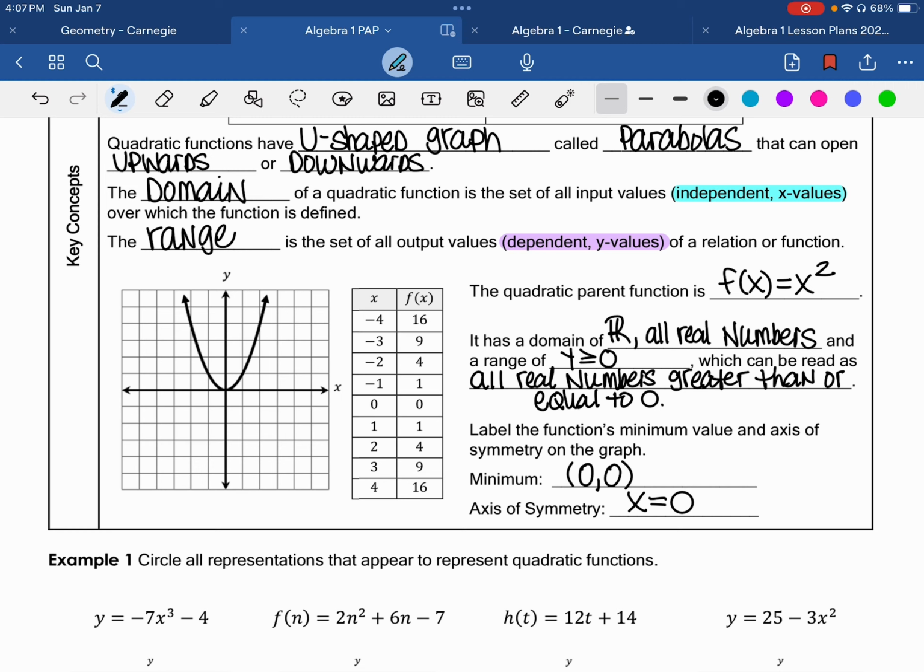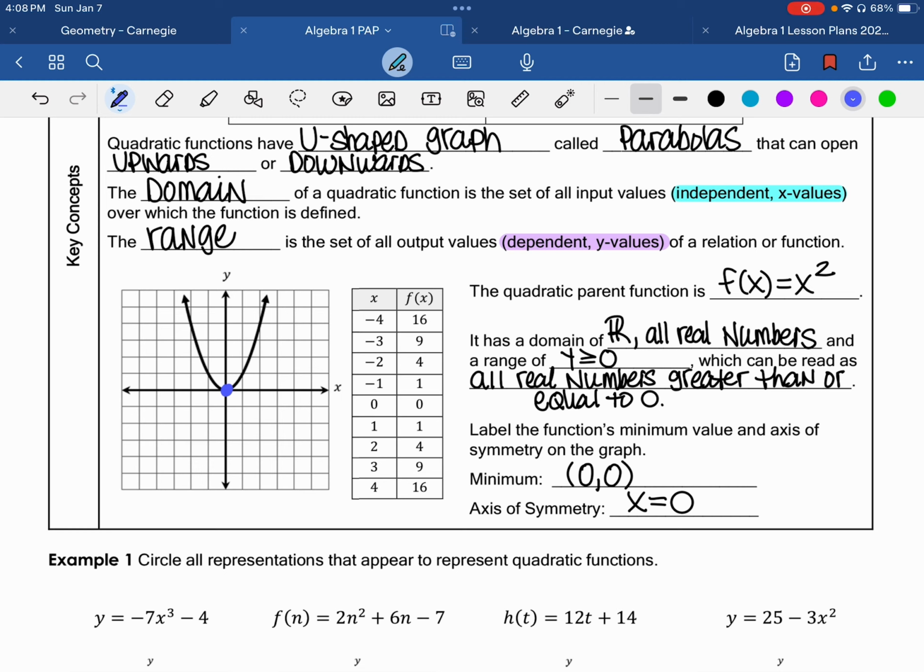It has a range of y is greater than or equal to 0, which can be written as all real numbers greater than or equal to 0. We can label the function's minimum value and axis of symmetry on the graph. The minimum value is right here at 0, 0.